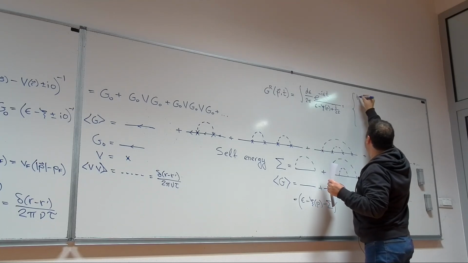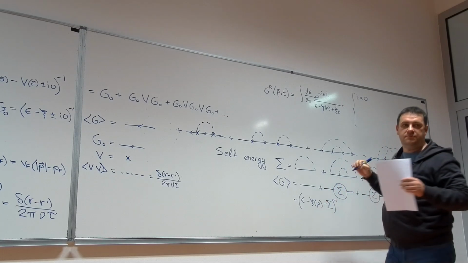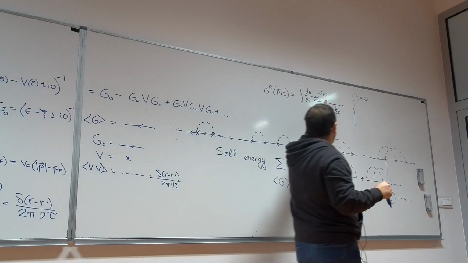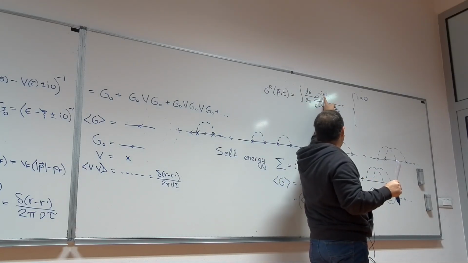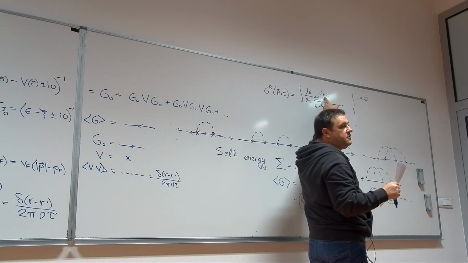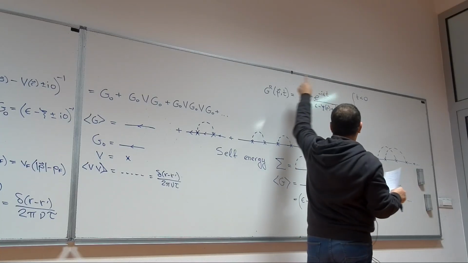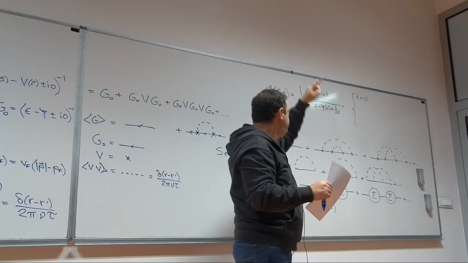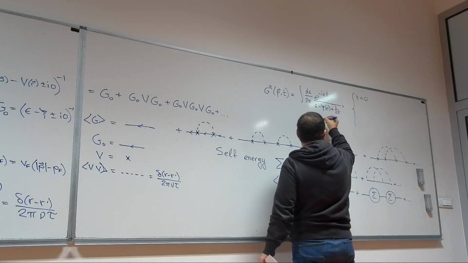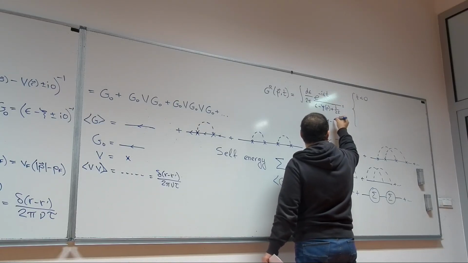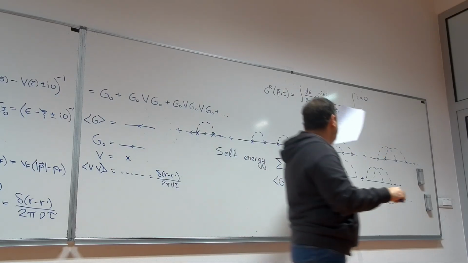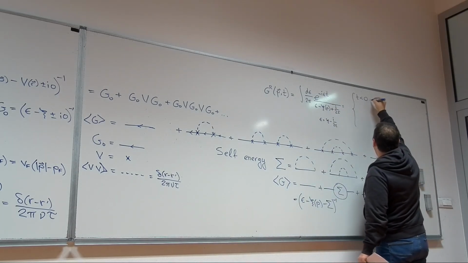So there are two cases. Case number one, t less than 0, negative times. Negative times means we have a positive number in the exponent and the integral converges in the upper half plane. So we have to complete the contour in epsilon in the upper half plane, but the only pole of this expression, epsilon equals xi minus i over 2 tau, lies in the lower half plane, so for negative time we get 0.